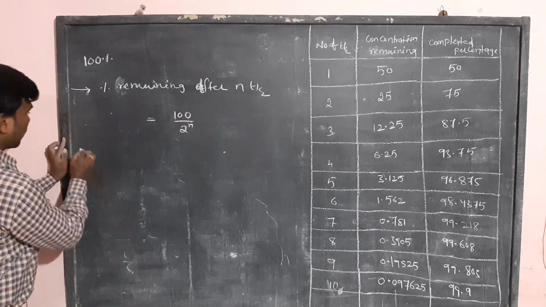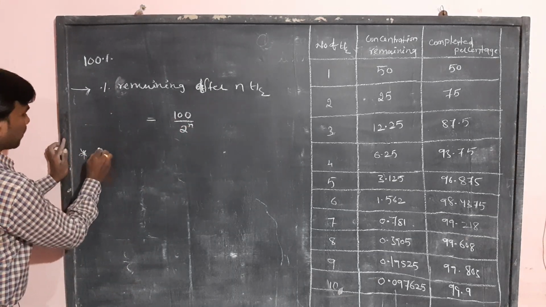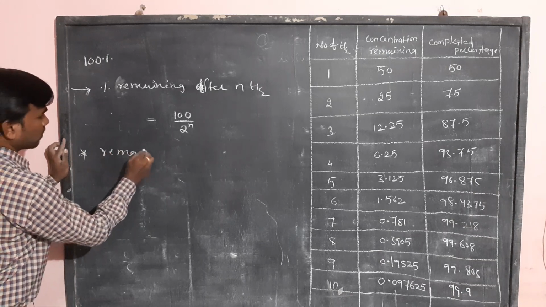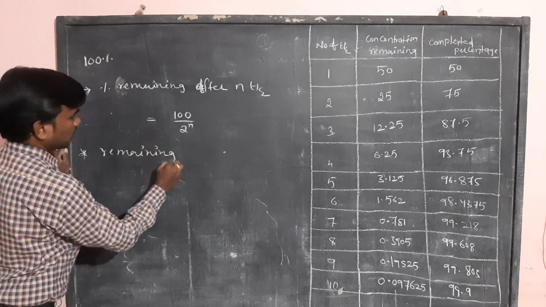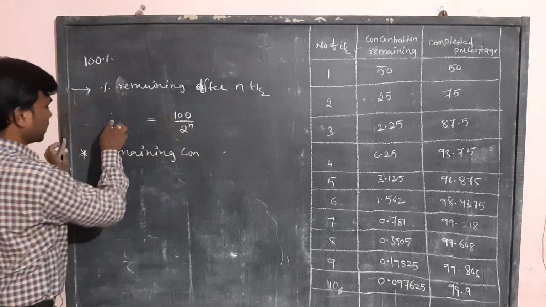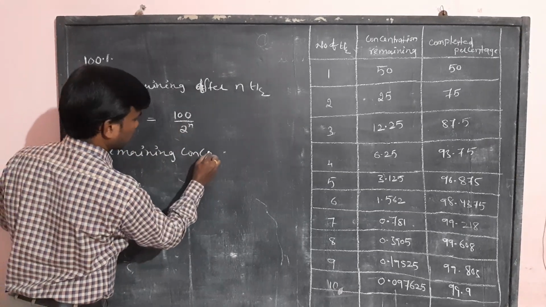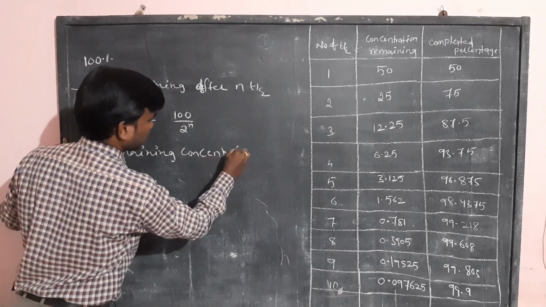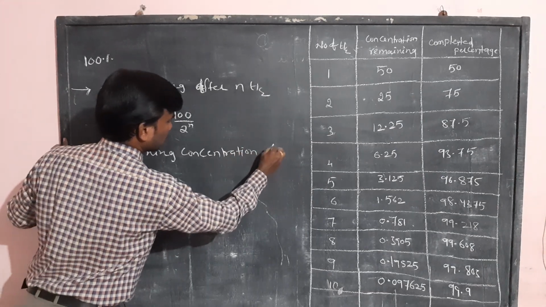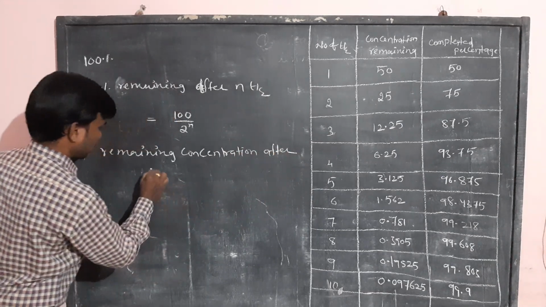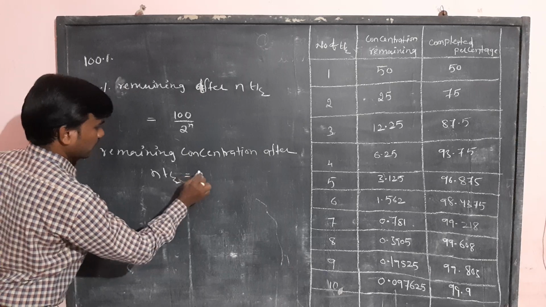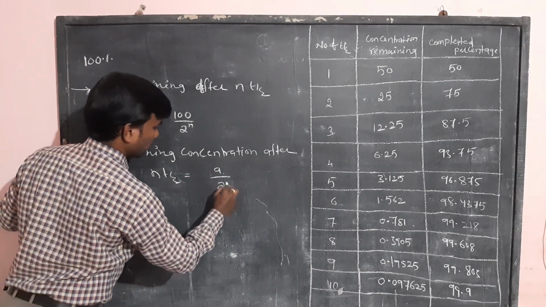Remaining concentration after n T halves is equal to a by 2 to the power of n.